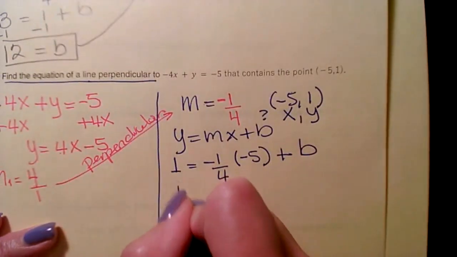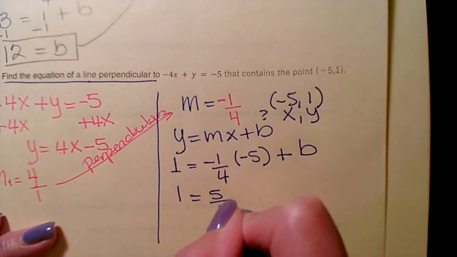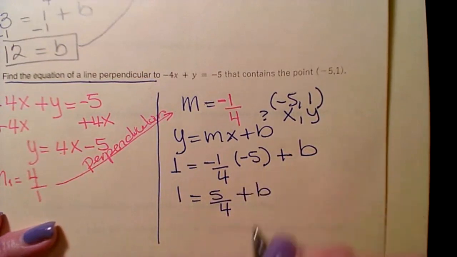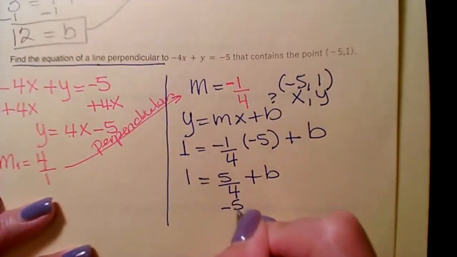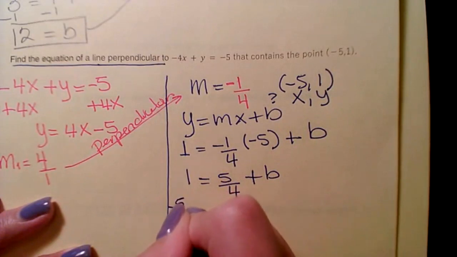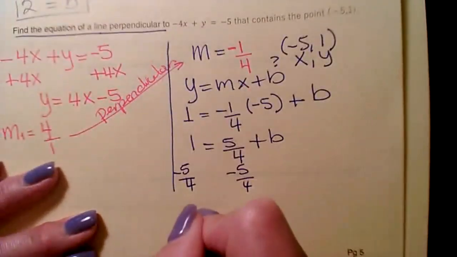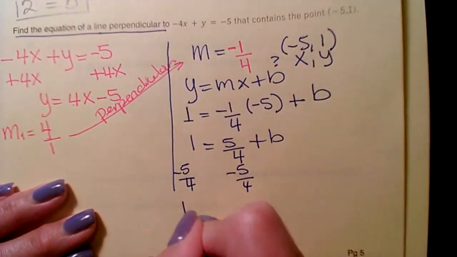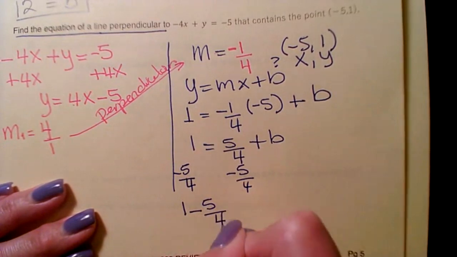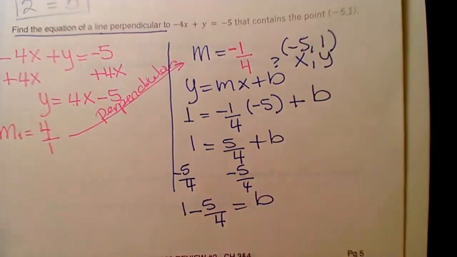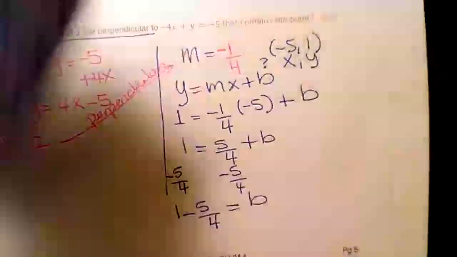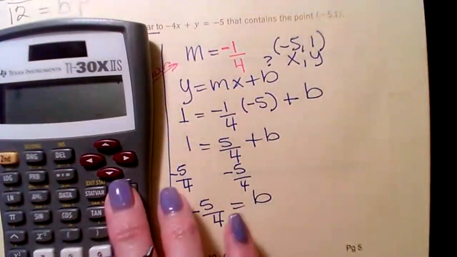Okay? So what I get here is positive 5 over 4 plus b. We're going to subtract this on both sides. And what we get is 1 minus 5 over 4 equals b. You can do that in the calculator or do it manually.